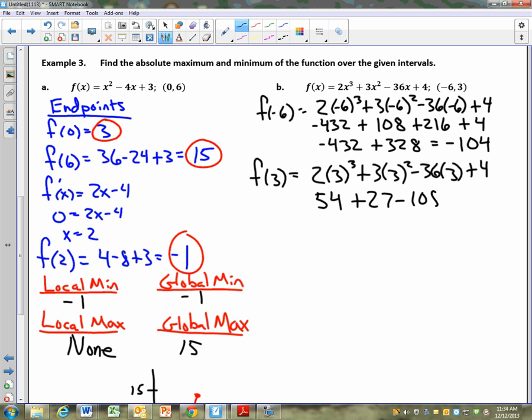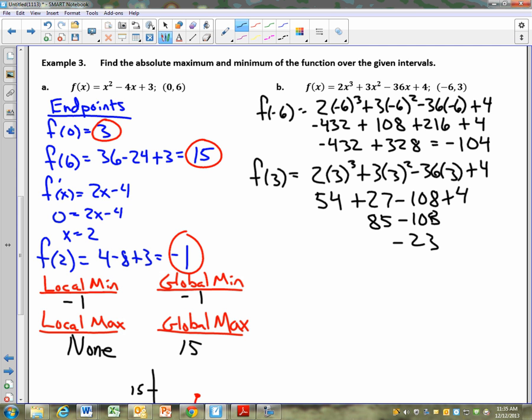And it's 108 plus 4. We get -23. We have two interesting values, negative 104 and negative 23. So that's what we come up with.